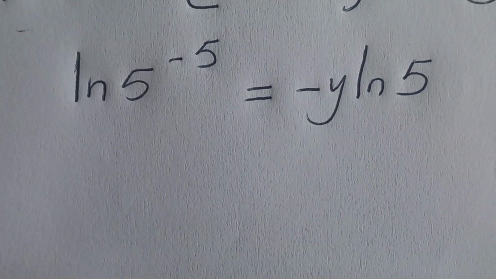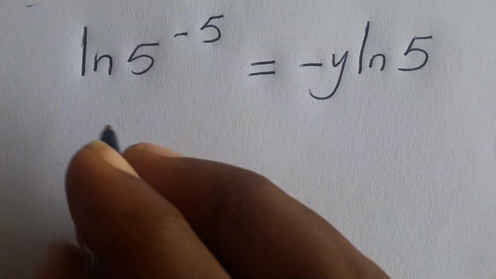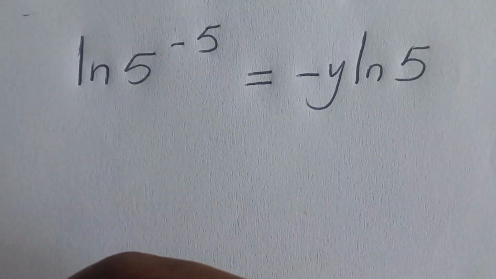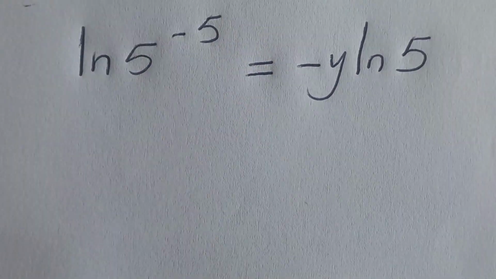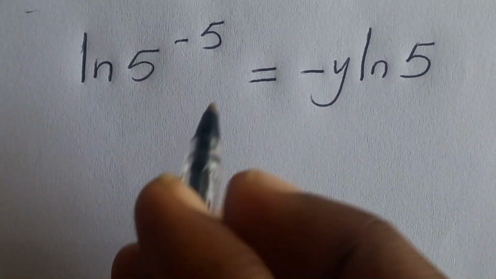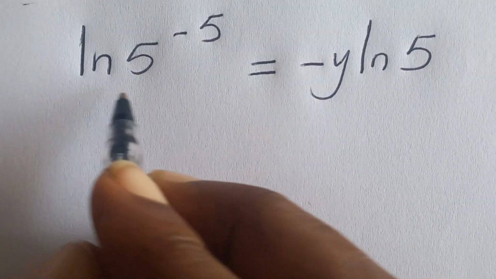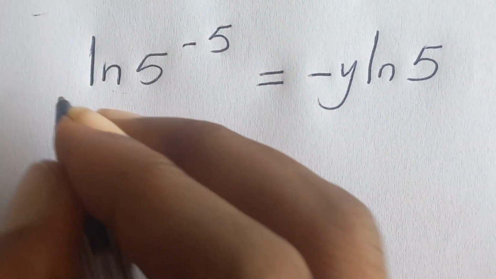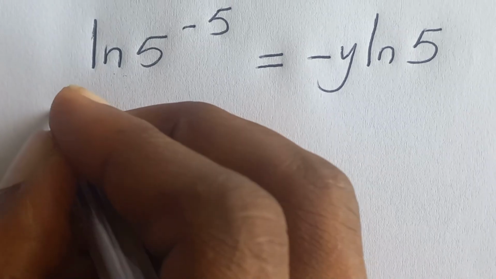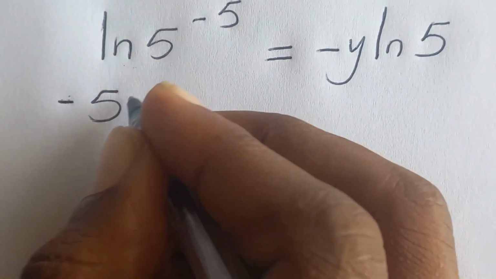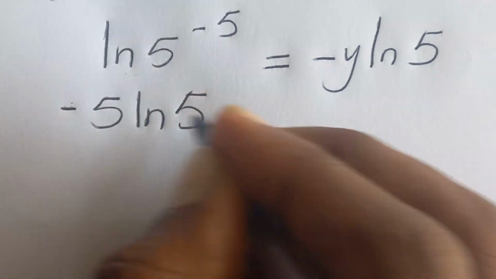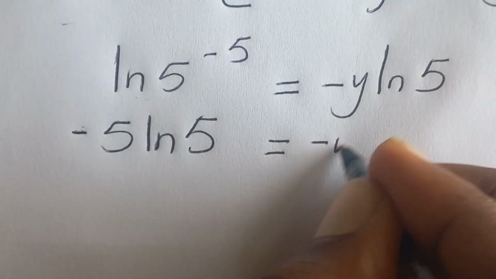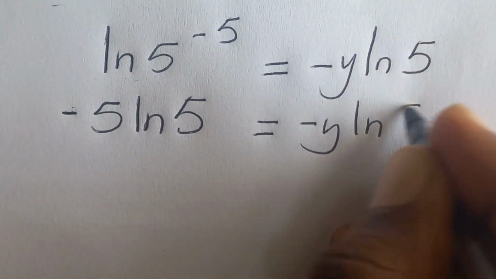Now we decide to divide both sides. With this we can rewrite it as negative 5 ln 5 is equal to negative y ln 5.